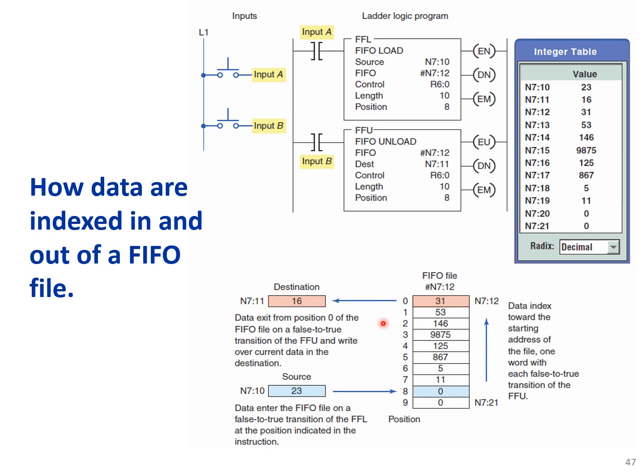So this is the destination and this is the source coming to the beginning, and the last one will go to the destination. So data index forward, the starting address of the file, one word with each false to true transition of the FFU.